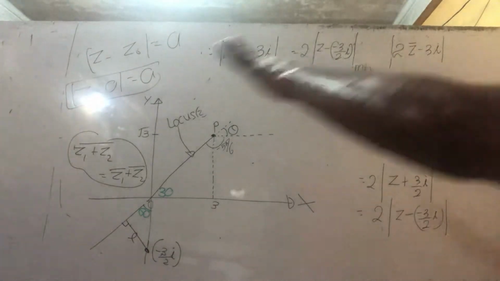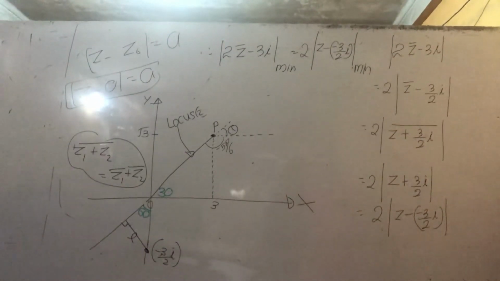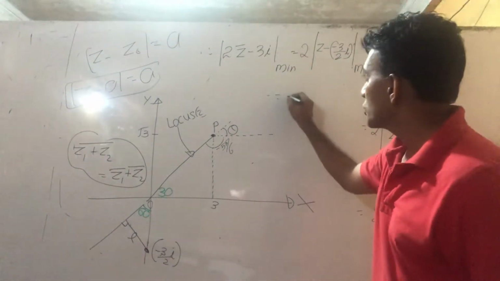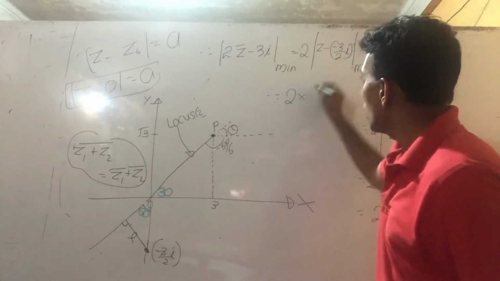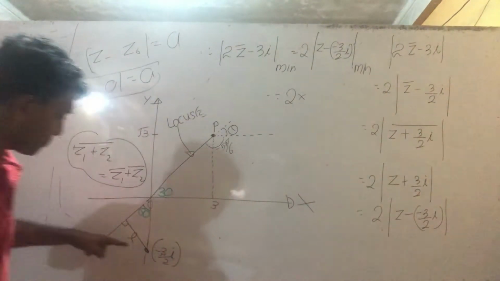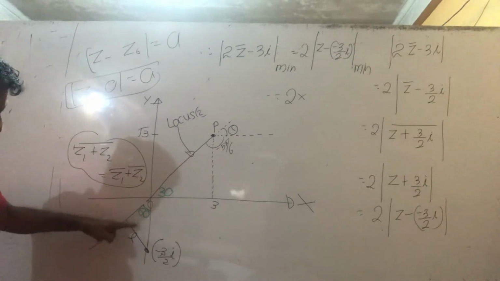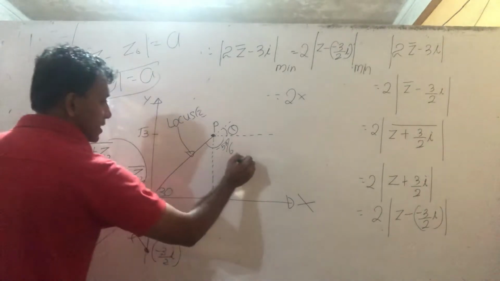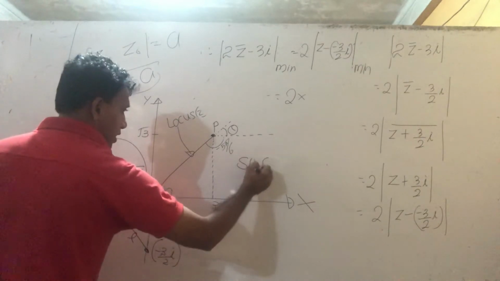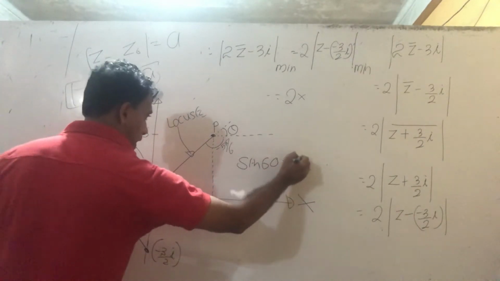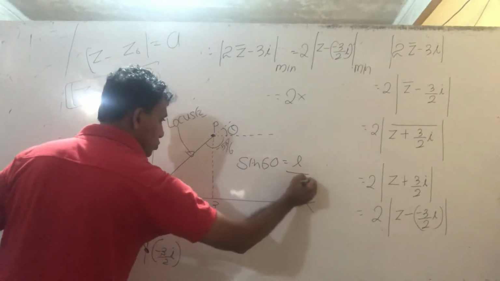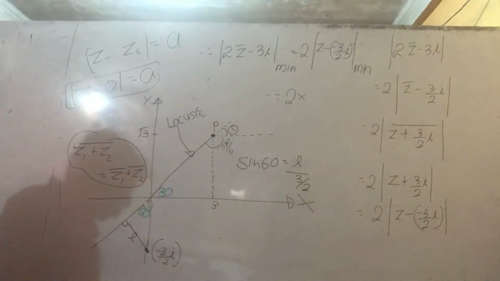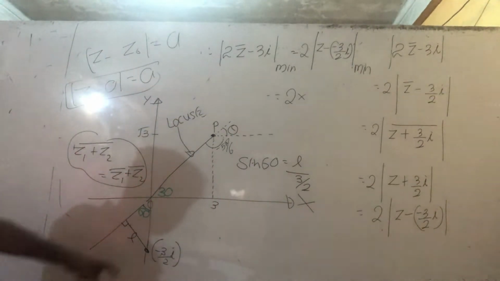Check the copy, properly copy down these things. Therefore, the answer is 2 into this distance. What is sine theta? Is it sine 60? Sine 60 is L over 3 over 2. Is it 3 over 2? Yeah, L over 3 over 2.